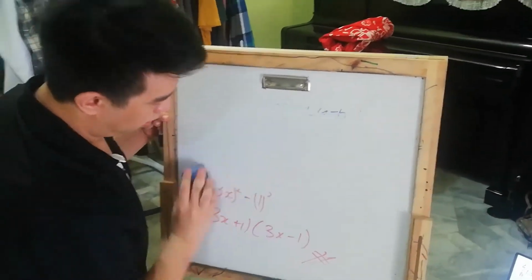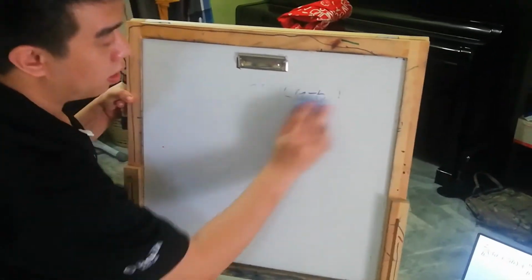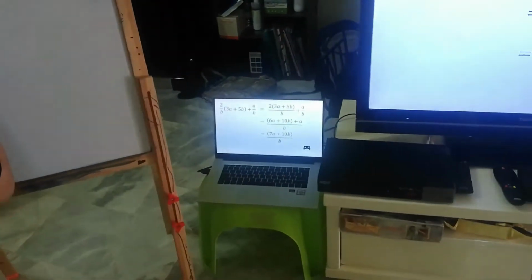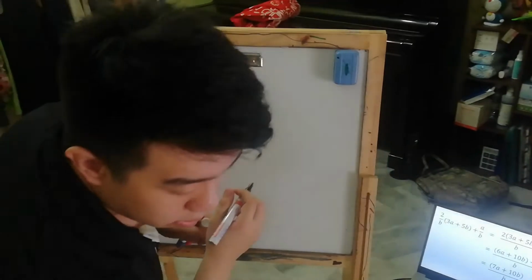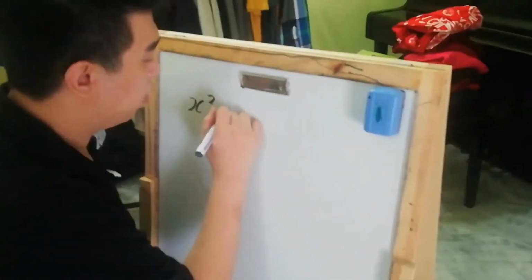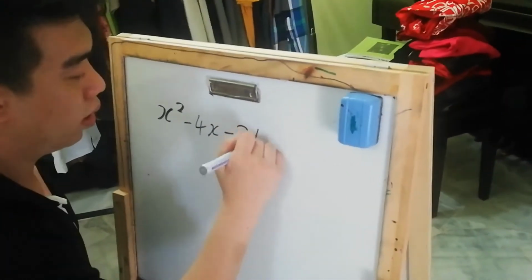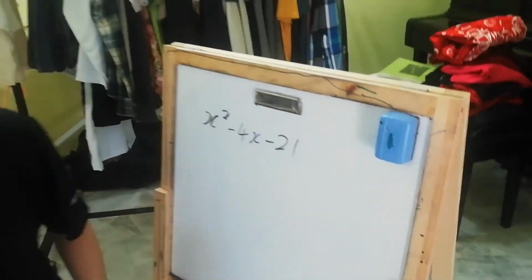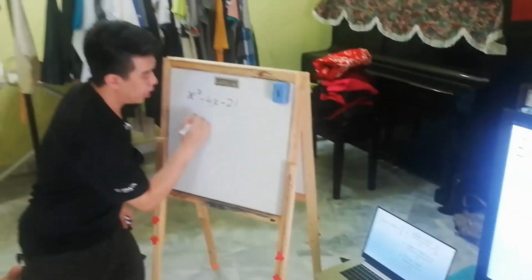So if we have 3 terms, for example x squared minus 4x plus 21, for this you use the cross method. See here, x squared is x and x.